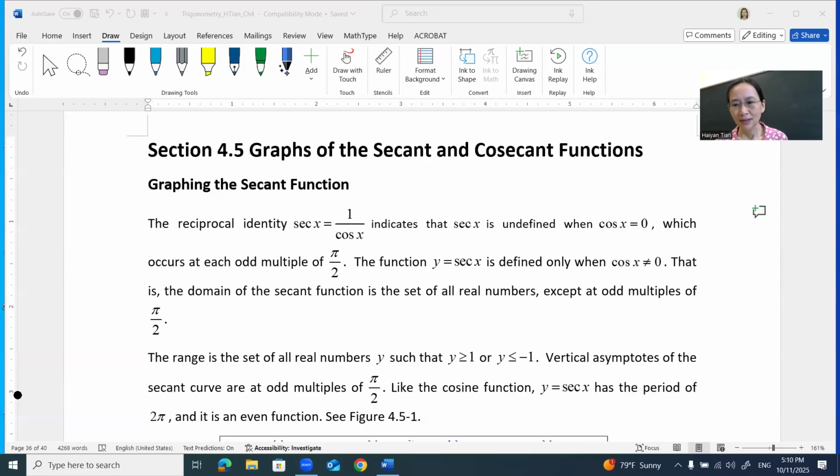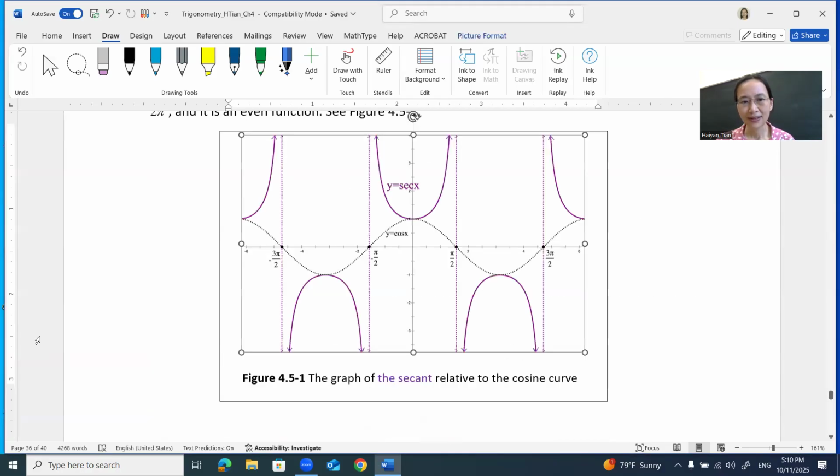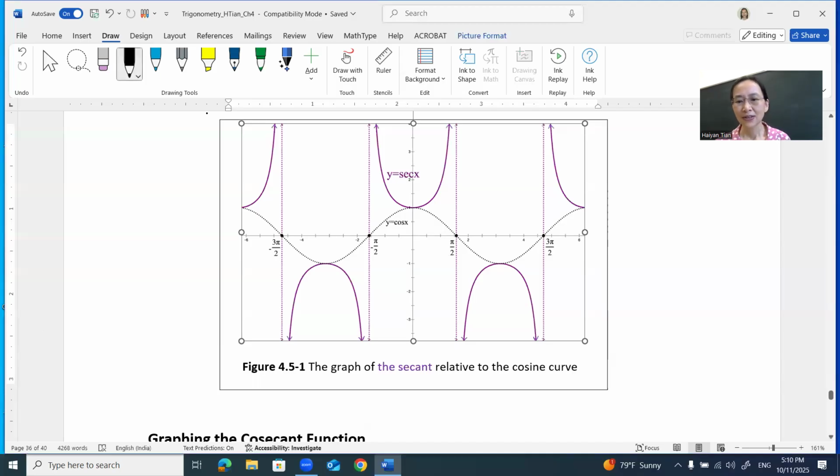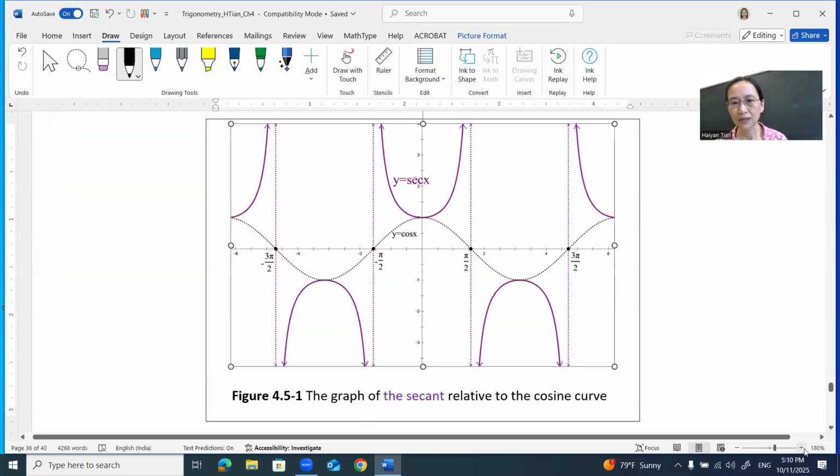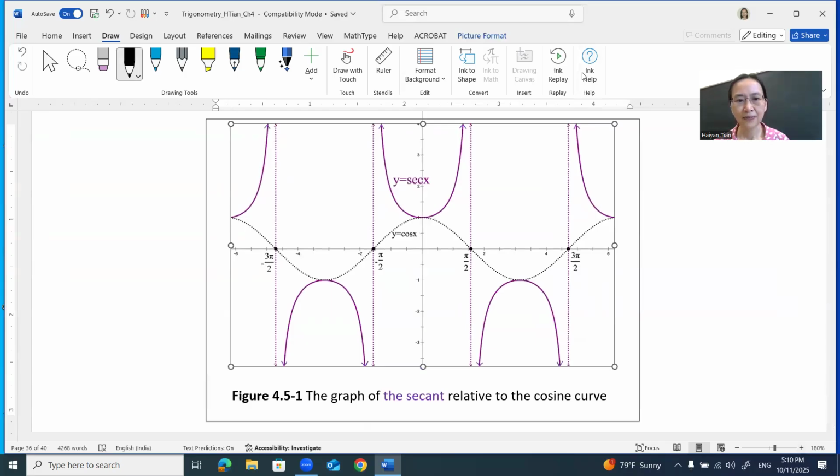So let's see one period of the cosine function. In this picture, if we look at the cosine, it's certainly a continuous curve, right?